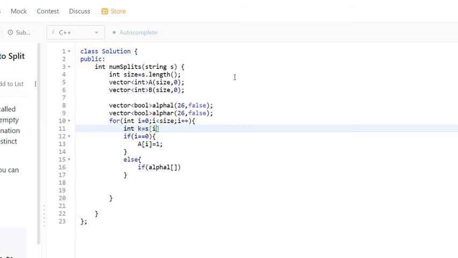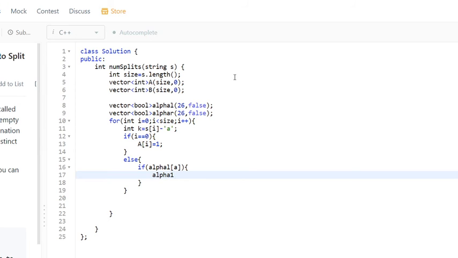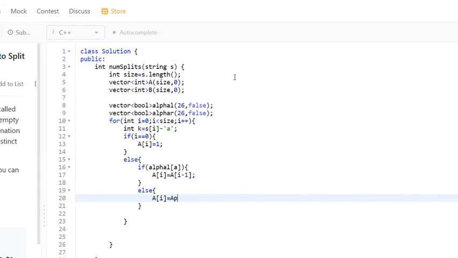How we can find it is s[i] minus a. And we need to store true for whichever variable we just visited. Alpha left[k] is equal to true, right?